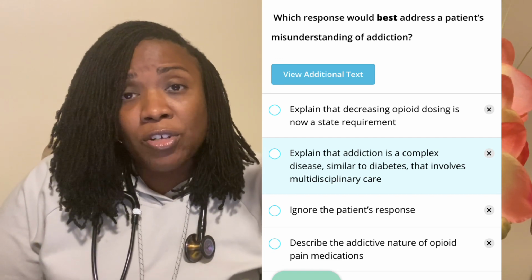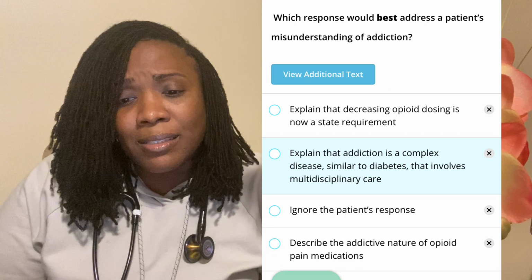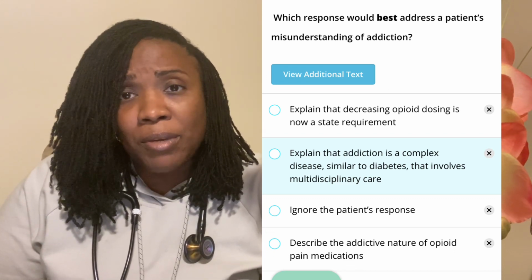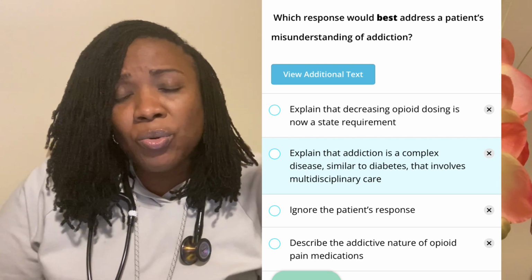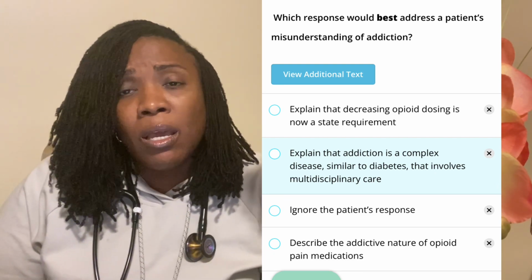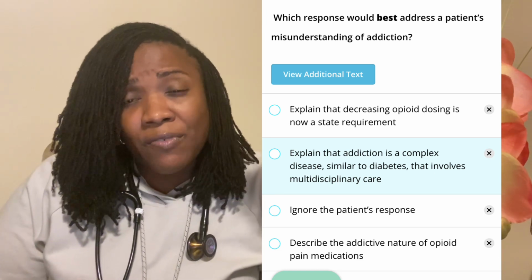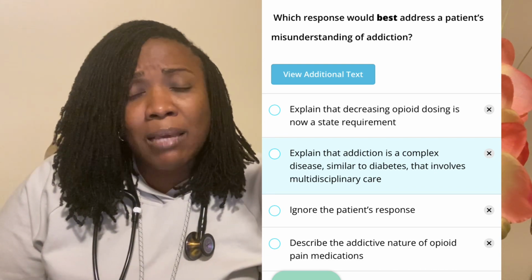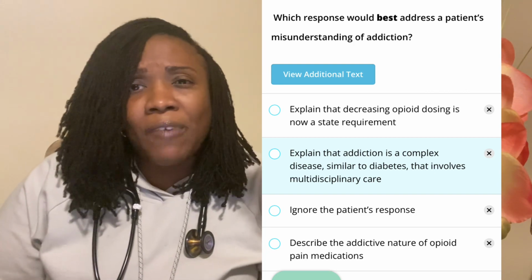So explain to your patient that this is a complex disease similar to other chronic diseases like diabetes, and it involves a multidisciplinary care team. You're going to have your primary care provider who is prescribing the medications, who is going to be watching you and managing your care for things like withdrawal, side effects, and adverse effects of medications. You're going to be tag teamed with psychiatrists, psychologists, behavioral therapists, family therapists.